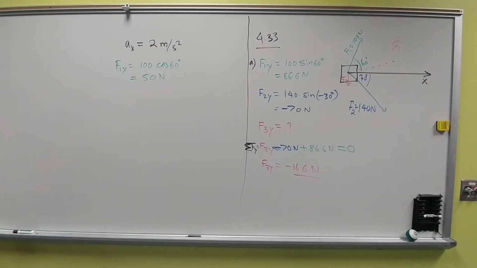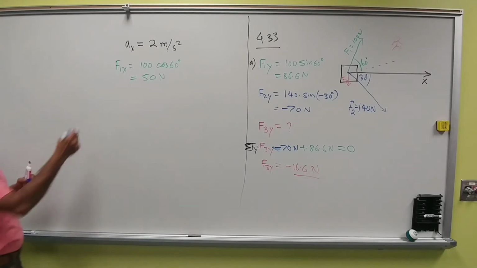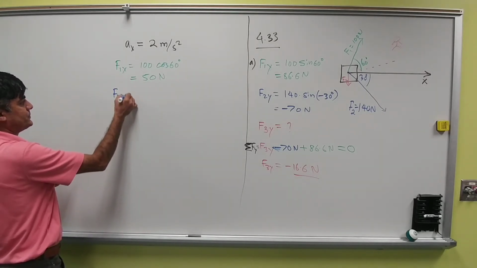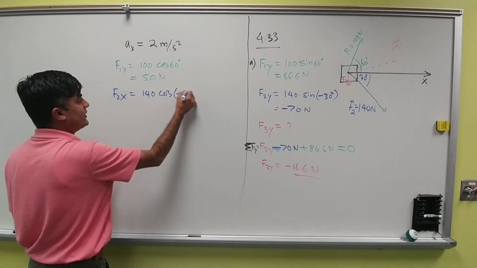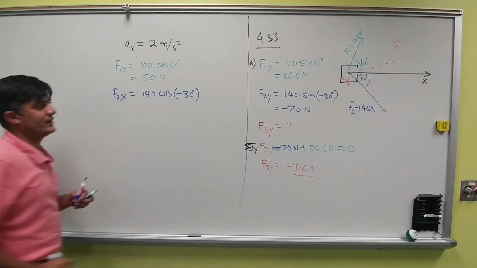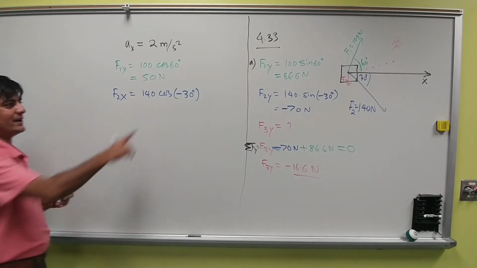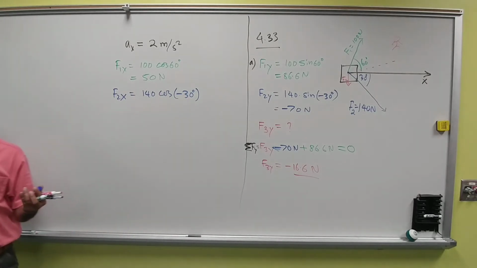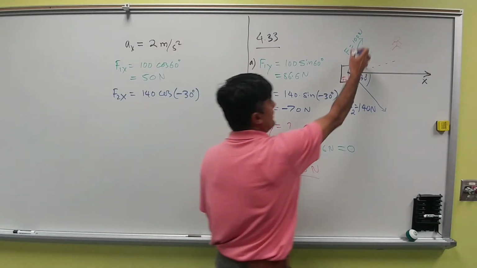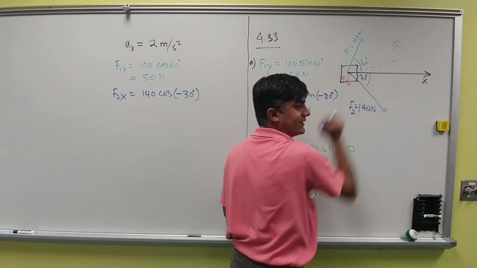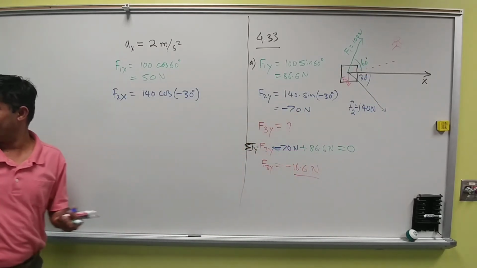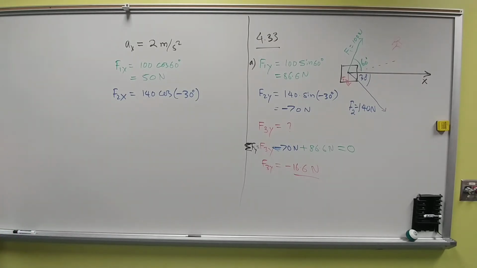What about F2x, which is 140 cosine of minus 30, right? By the way, cosine of a negative angle will be positive anyway. It makes sense because when you look here, the x component is positive.